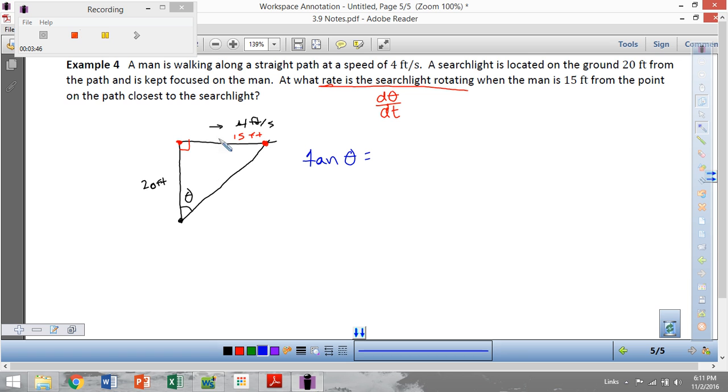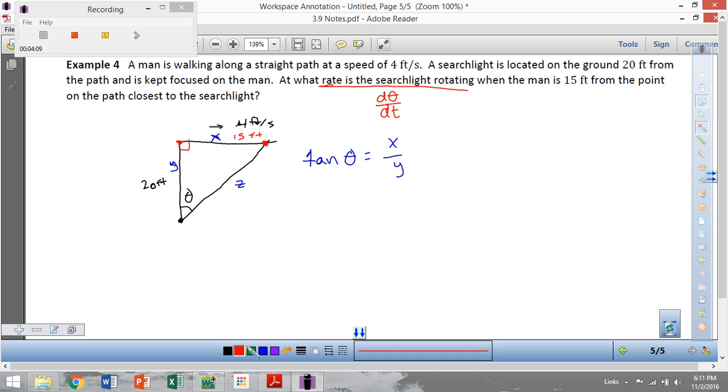So I'm just going to call this length x, I'm going to call this length y, and we'll call the hypotenuse z. I'm not going to need that for a while, but opposite would be x, adjacent would be y, tangent of theta equals x over y.